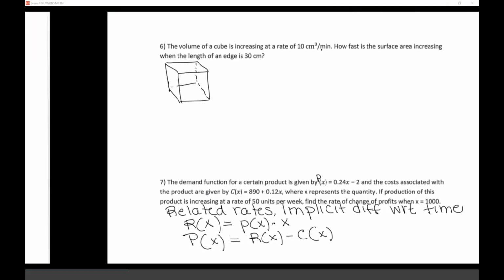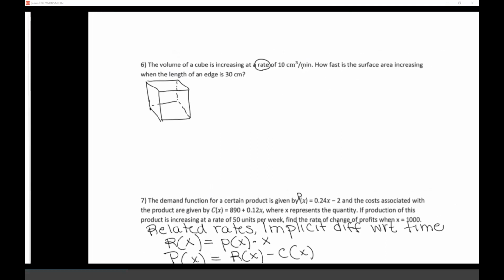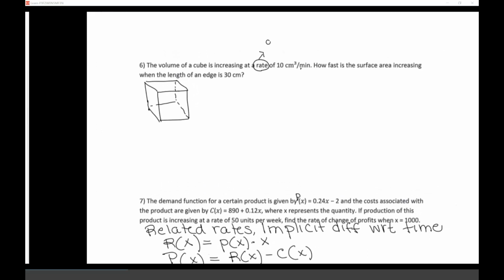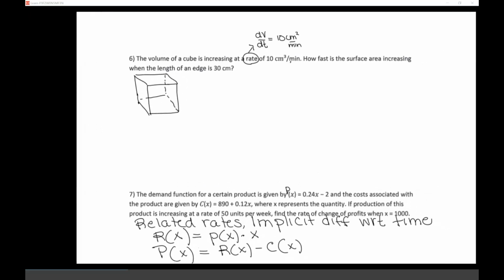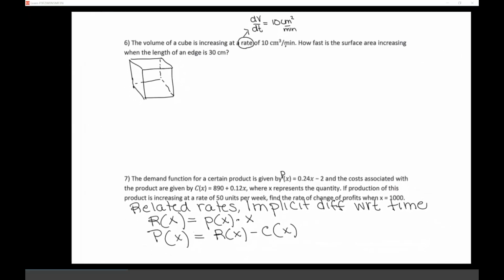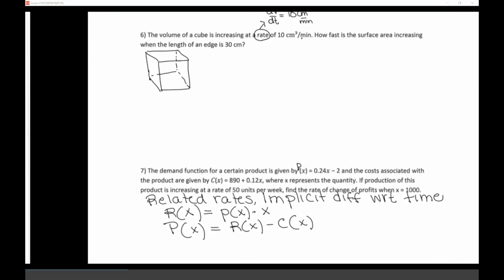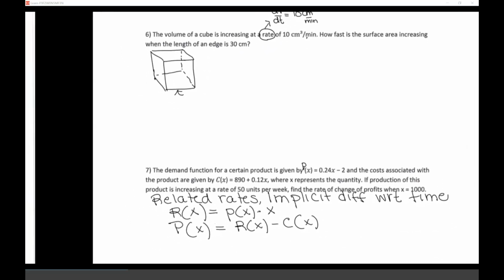Well, it's a rate. Okay, so I'm going to write that as dV dt. The volume is changing with respect to time, and that's 10 cubic centimeters per minute. So that's one piece of information. And they're saying, how fast is the surface area increasing when the length of an edge, I'm going to call that side S, is 30 centimeters. Right, that's the other piece of information they give me.